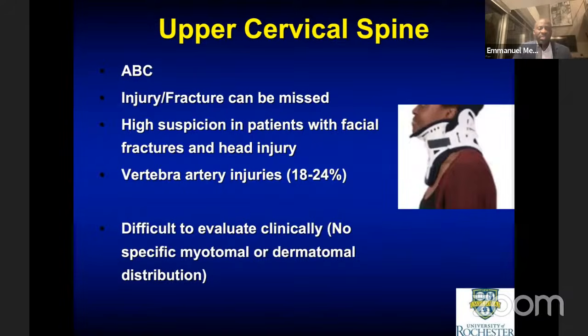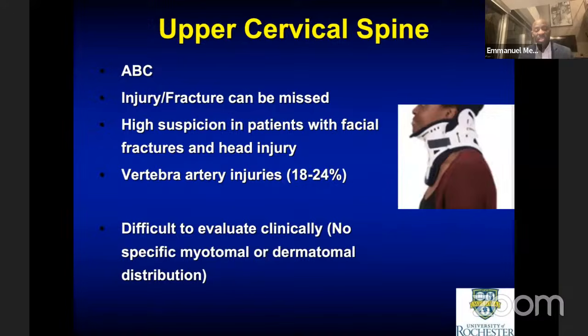In patients presenting with upper cervical fractures, you go through your routine trauma evaluation with your ABCs. Injury, or fracture, can often be missed if adequate imaging is not performed, or if you don't take into account the mechanism of injury and the patient's mental status.